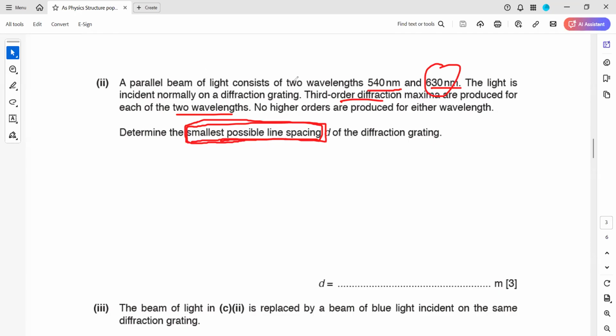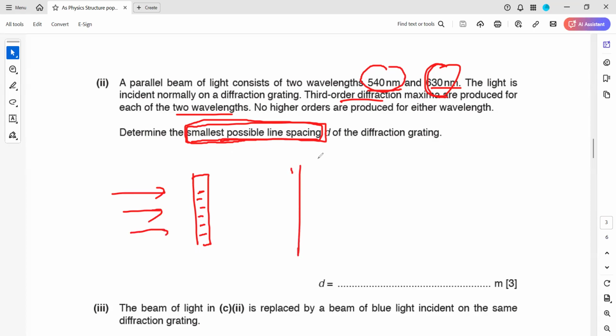So a parallel light beam consists of 540 nanometers and 630 nanometers, and the light is incident normally. For example, this is a grating element and the light is incident. It causes images: a central maximum, then minima, then maxima, then minima, and so on.